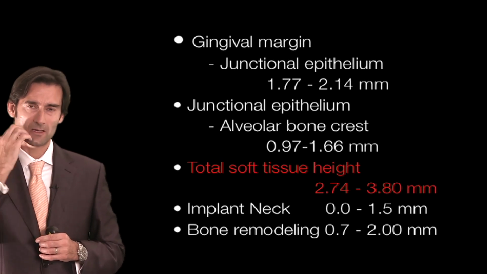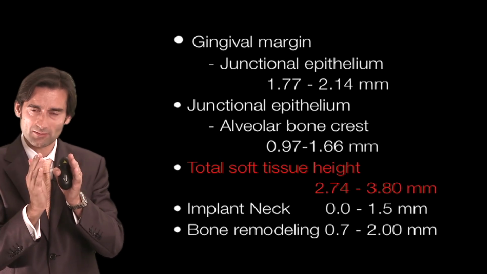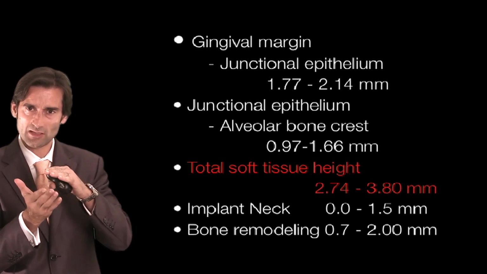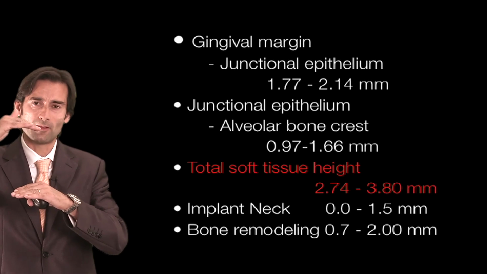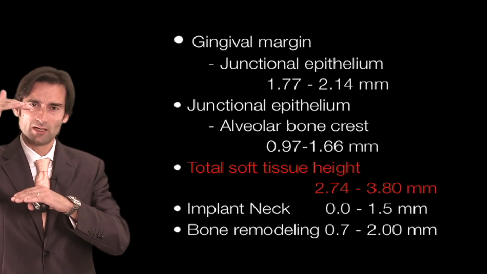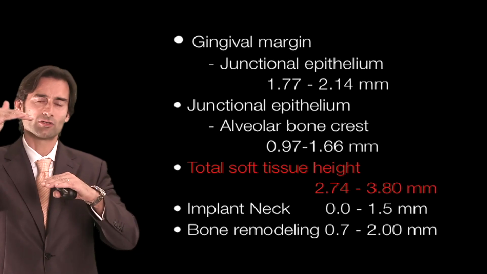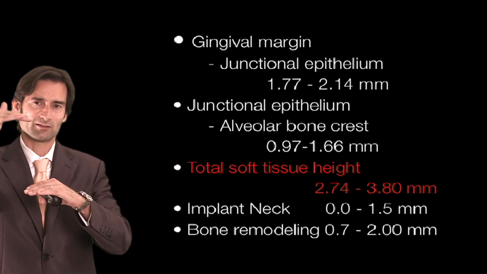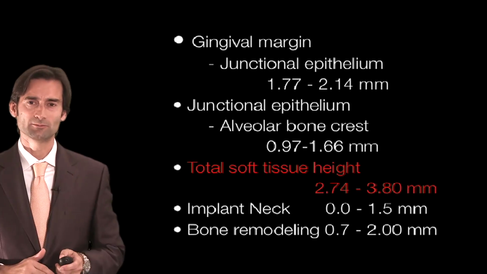So now you can see that bone, of course, is now maintained by the implant. That's the studies which we have seen, the long-term documentation. And the soft tissue comes on top of the bone. So soft tissue margin is based on the bone level. Bone level is based on the shoulder of the implant or the neck. So those three go hand in hand, and they give us the stability.